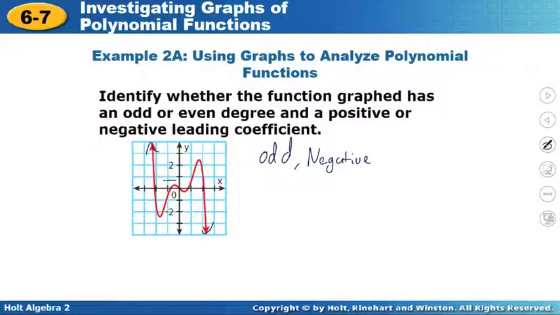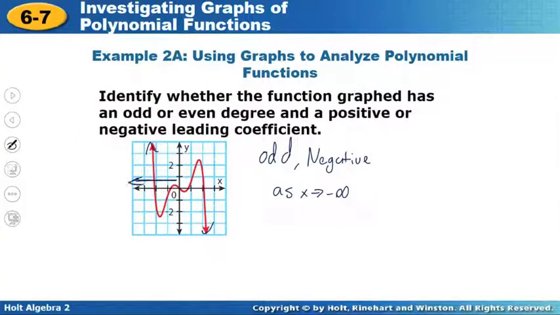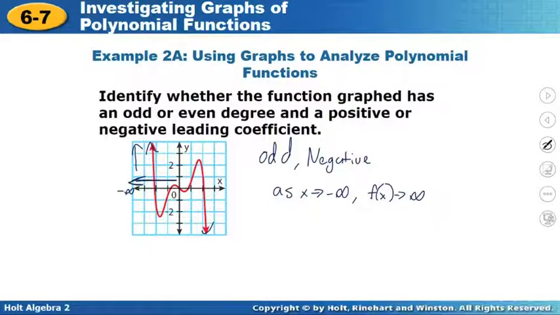So let's talk about the left side first. As x gets towards negative infinity, as we're moving to the left on the x-axis, the function, as we can see, is going upwards. So our function, which we'll call f of x, is approaching positive infinity.